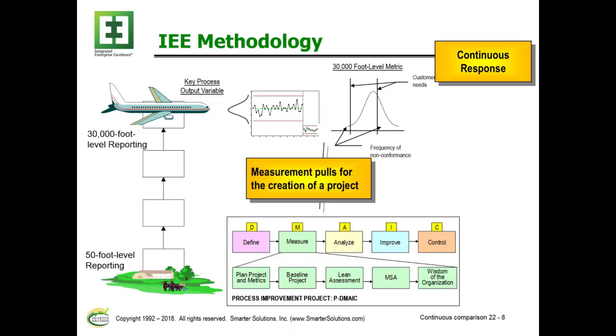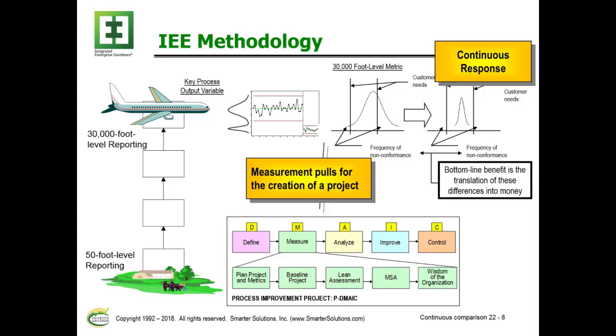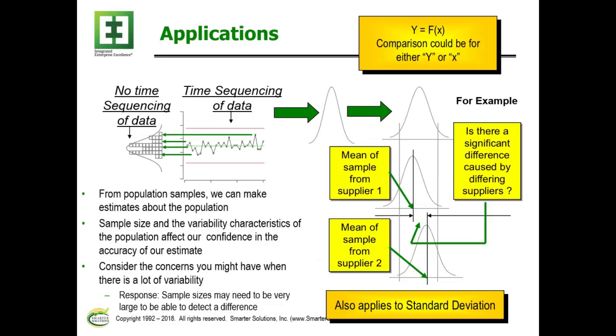If you did a good job, it changed to a new level, and that shows that we improved our process, and hopefully it has a bottom line benefit. That's what we're really trying to accomplish here. We're trying to see what we could do to improve the process, and we're going to be running hypothesis tests.